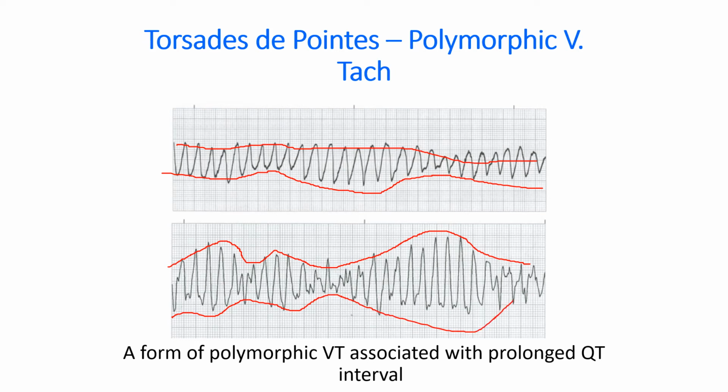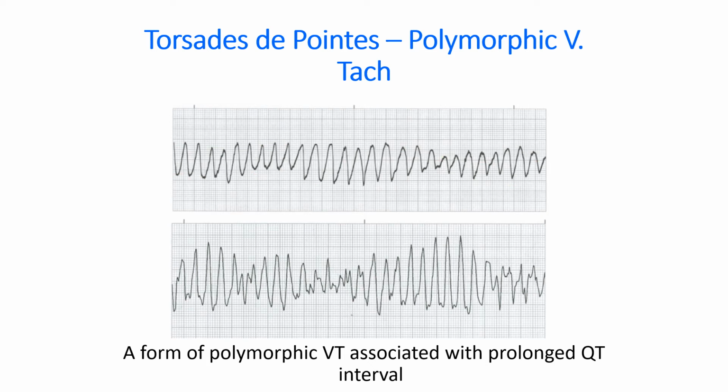So if you map that out, we have what we call a twisting of points. So this is Torsades de pointes or polymorphic VTach. It oftentimes is associated with a prolonged QT.